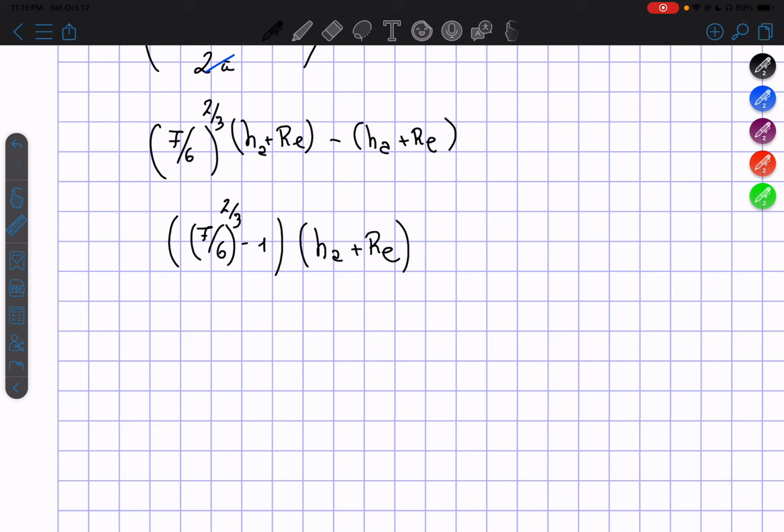Create a new file. I call this exercise 2.17 IV1B.